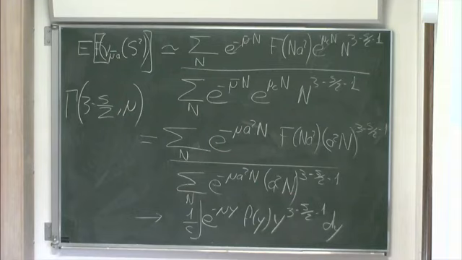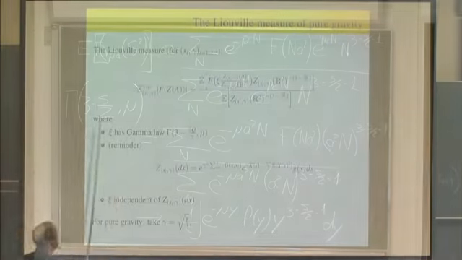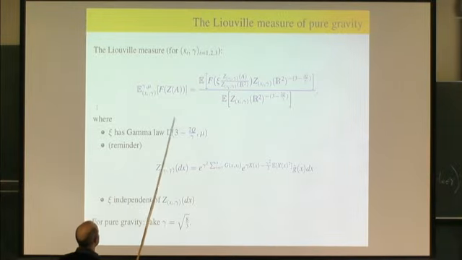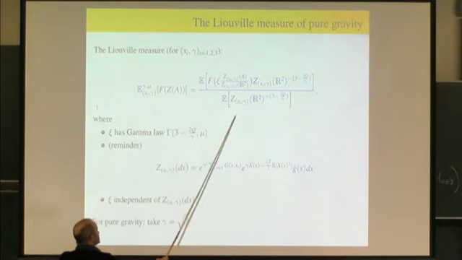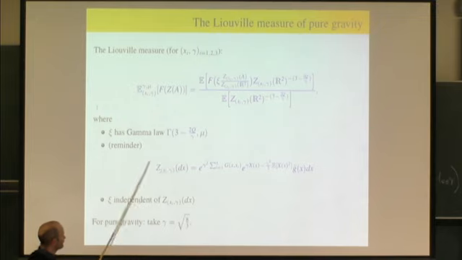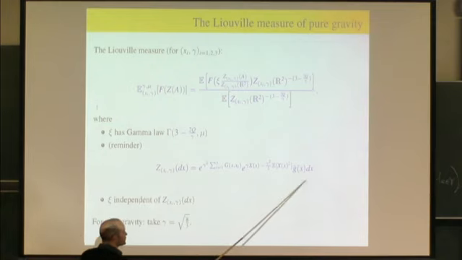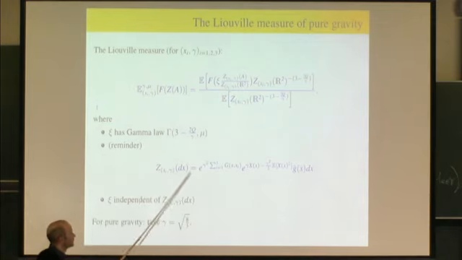Well, now I'm going to define the Liouville measure that you get out of Liouville quantum gravity, and it is given by this expectation here. So recall that this is the z measure I introduced when studying Gaussian multiplicative chaos.